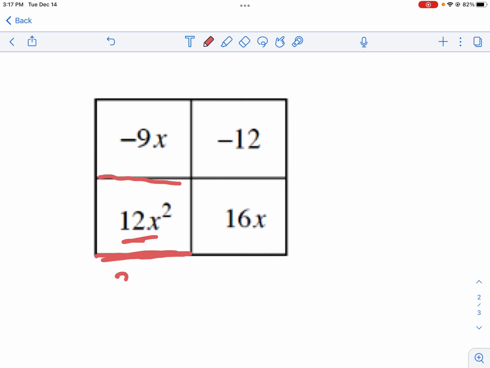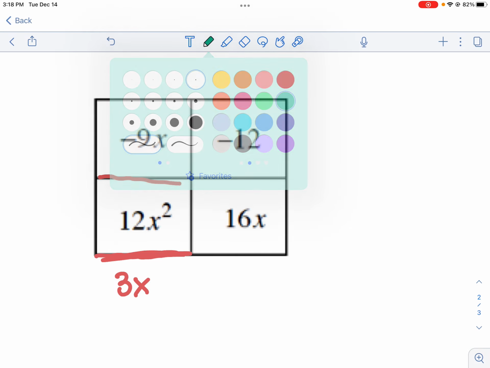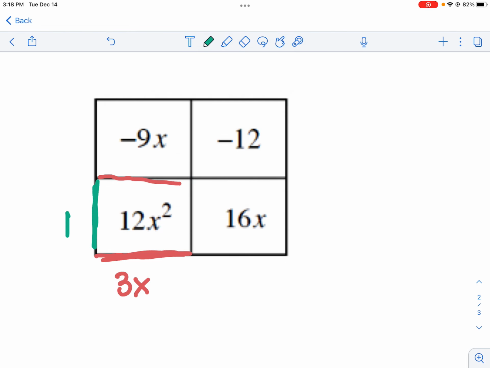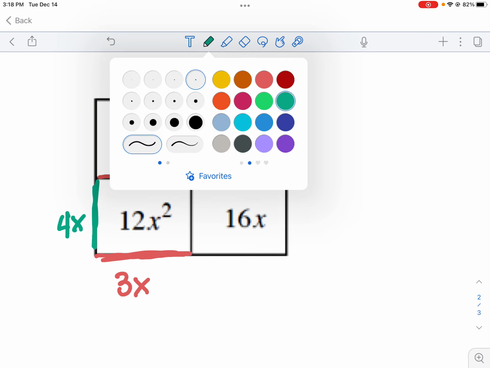I could probably pull out like a 3x from both of those, and sometimes you might get this wrong and you have to adjust, and that's okay. If that is 3x, then this length right here would be 4x, because 4x times 3x would give me 12x squared. And that's looking okay because this 16x could definitely use a 4x in its length and width.